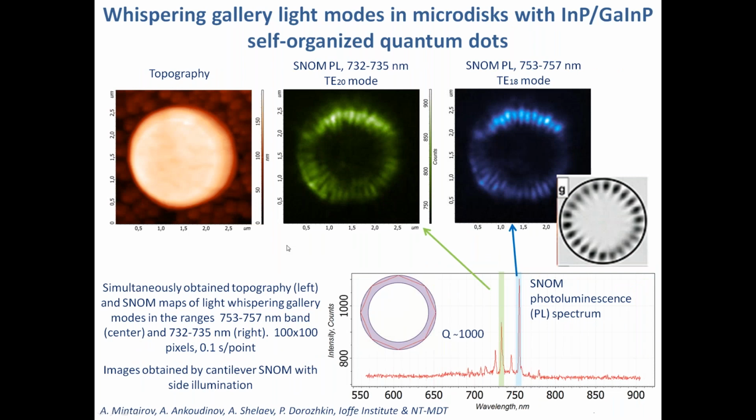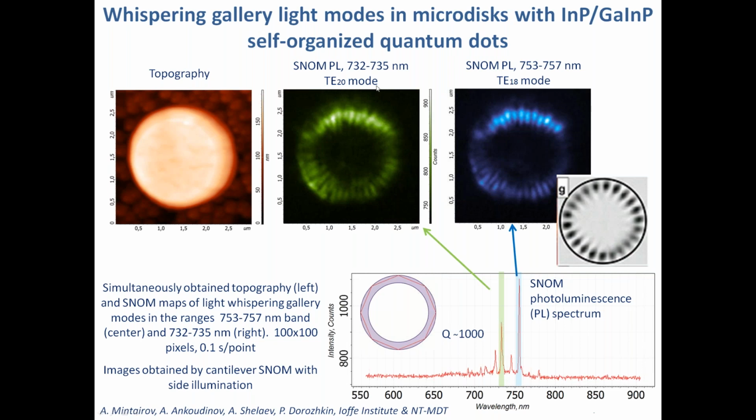And another example of such a technique, with side excitation and top collection, was applied for a microdisc resonator. In such a microdisc resonator, there are again indium gallium quantum dots, which produce photoluminescence. Because of total internal reflection, at certain frequencies such a microdisc works as a resonator, and standing waves appear.